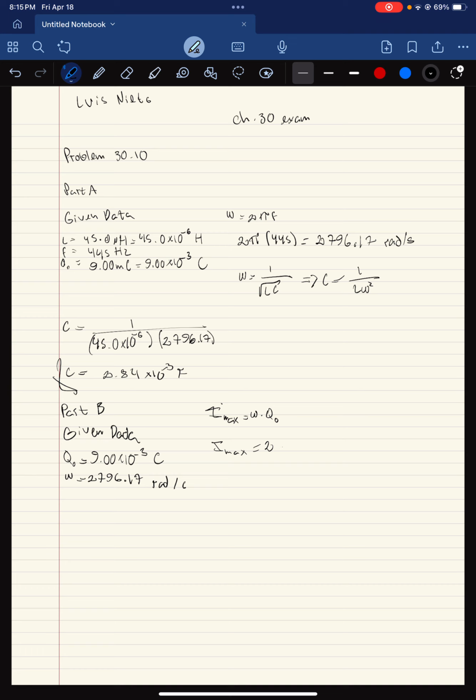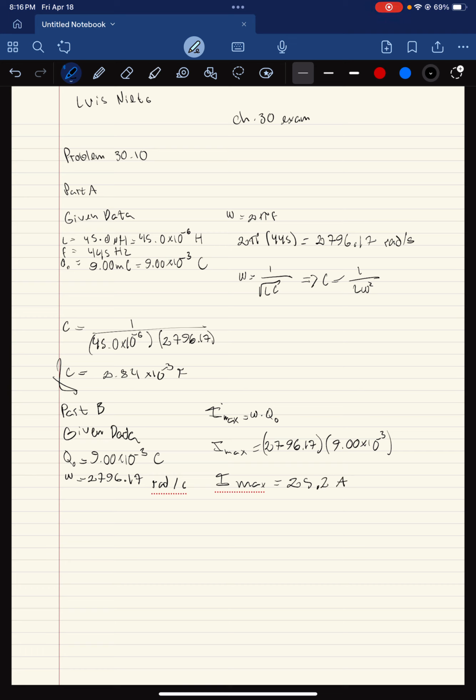So 2,796.17, let's open a parenthesis, 9.00 times 10 to the -3. And we'll get that to the calculator too. And I got 25.2 amperes. Perfect.